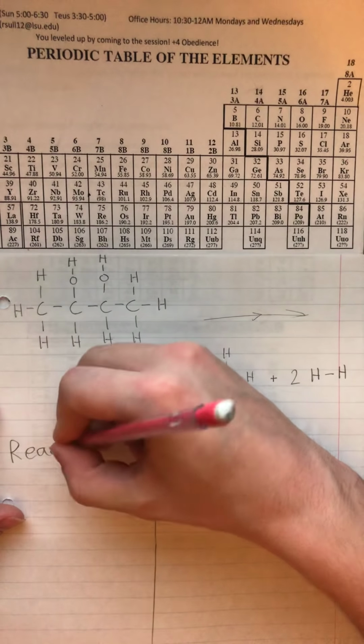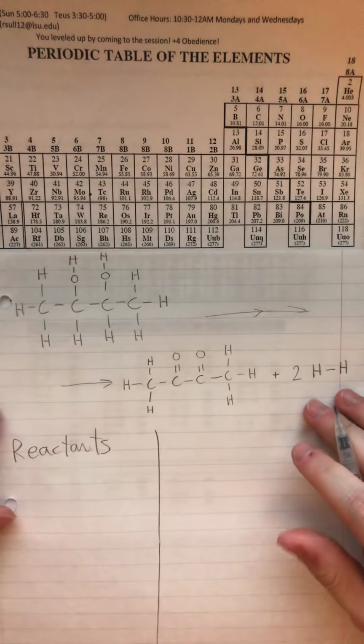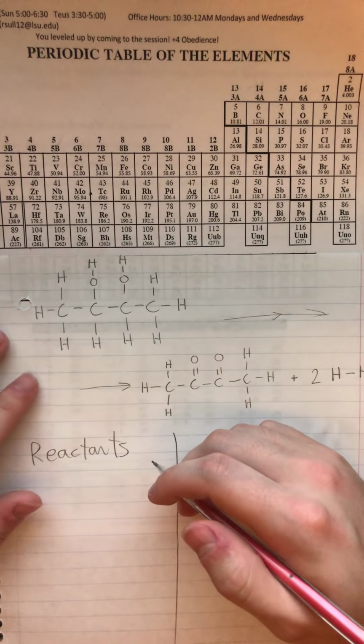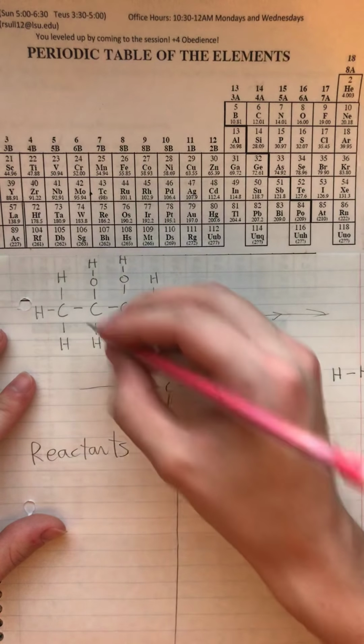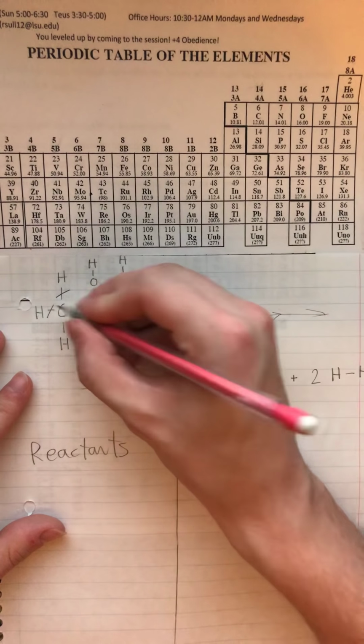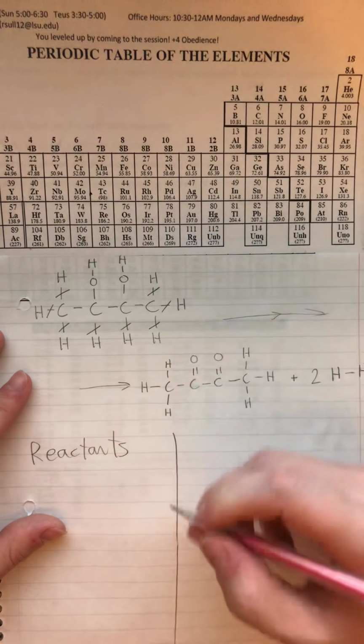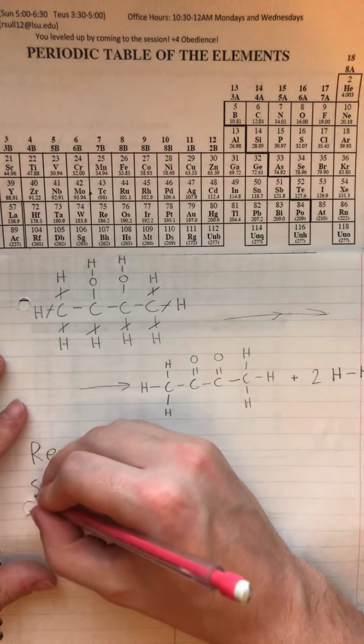So for the reactants, we've got this big molecule here. I notice that I have 1, 2, 3, 4, 5, 6, 7, 8 carbon to hydrogen bonds.